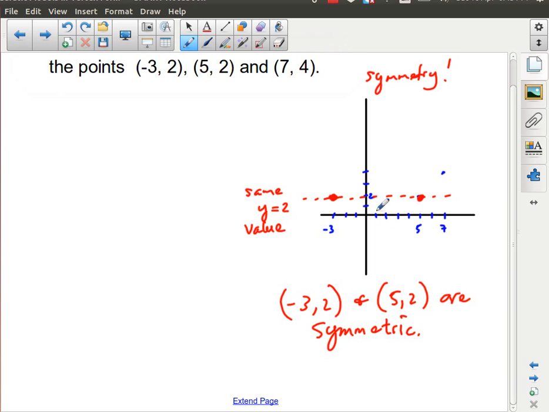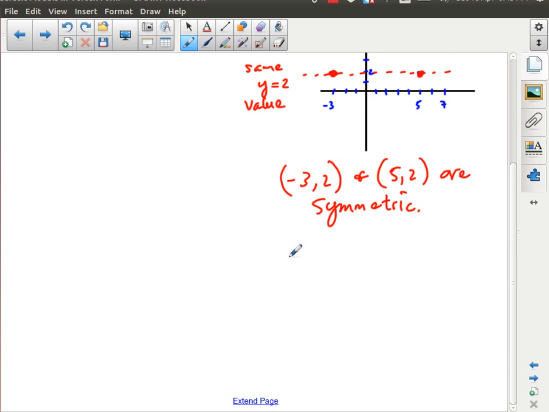Okay, so the fact that those 2 points are symmetric, the fact that they're at the same level, means that the axis of symmetry is halfway between them. In the past, we've always talked about the axis of symmetry. It is simply the x-coordinate of the midpoint. Just like we do with zeros, we take the x-coordinate -3, add the other x-coordinate 5, and divide by 2. -3 plus 5 is 2, over 2, equals 1.